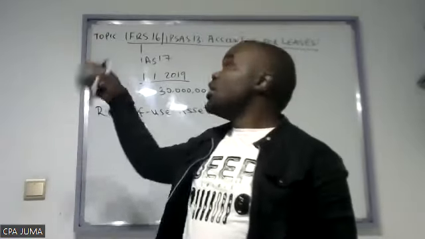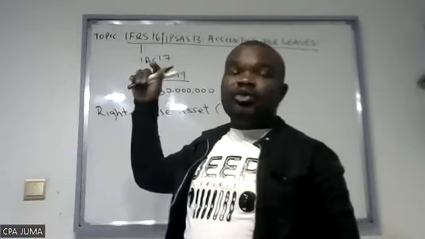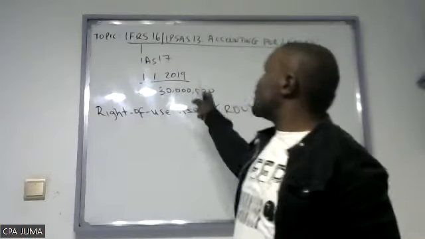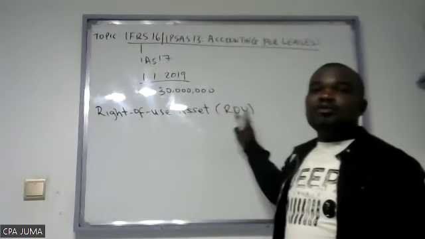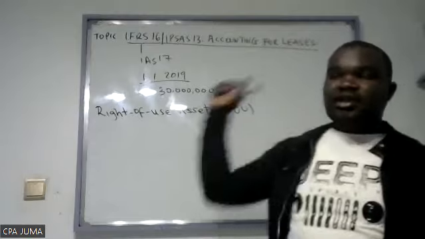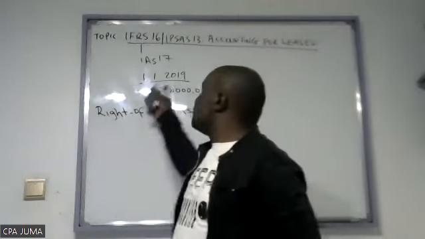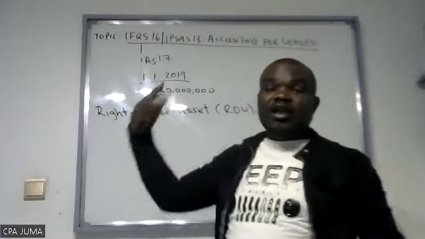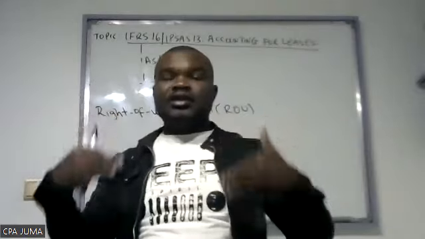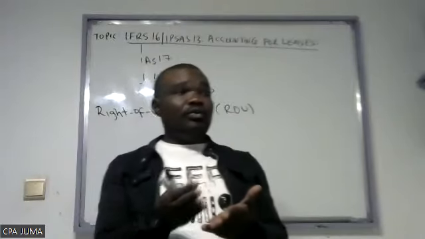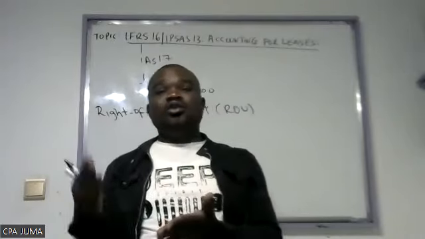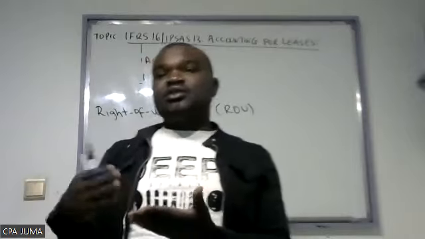But for an operating lease, you recognize the ROU, the right of use asset, in the financial statement. If the asset is depreciable, just depreciate it as time goes by, then your right of usage will be decreasing as time goes by. And also, you will be amortizing. You amortize the lease as time moves.